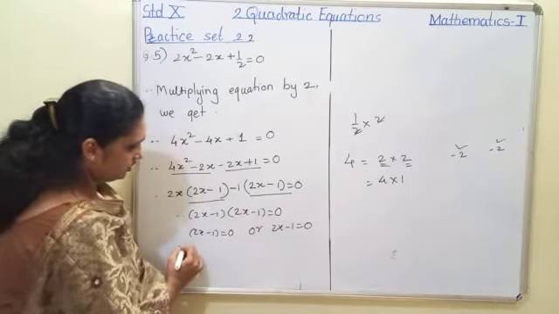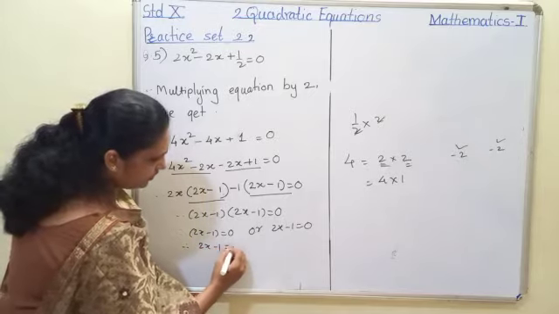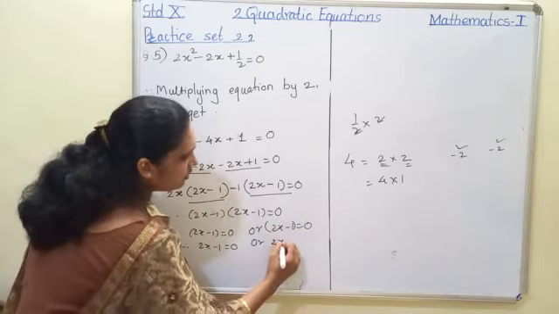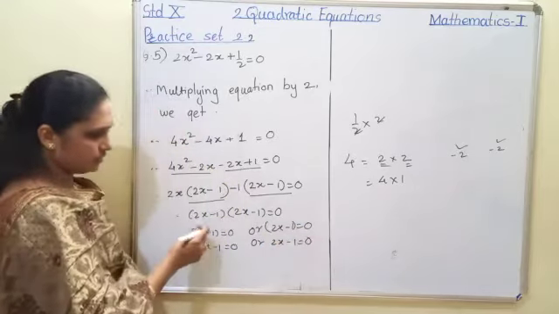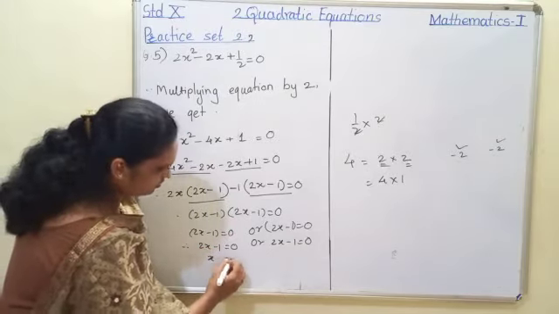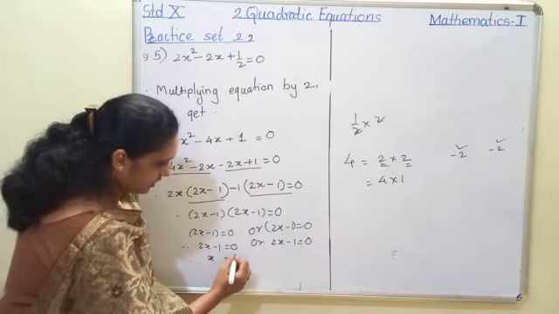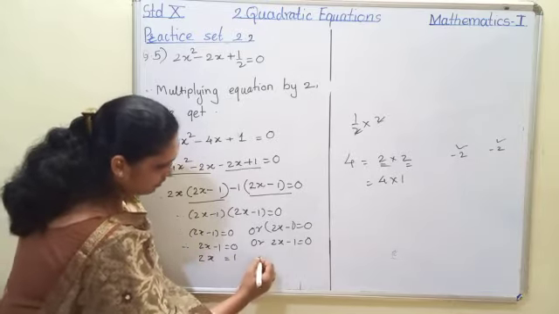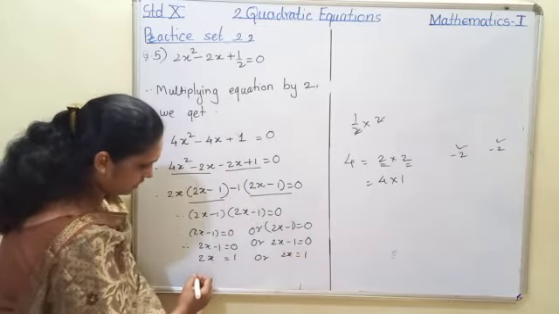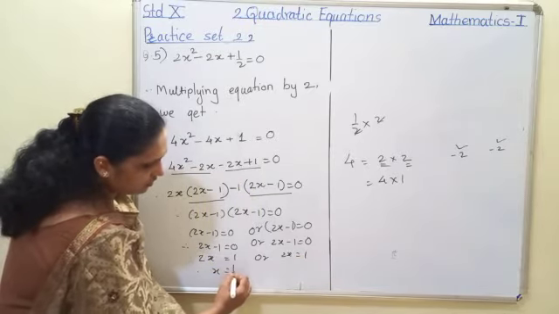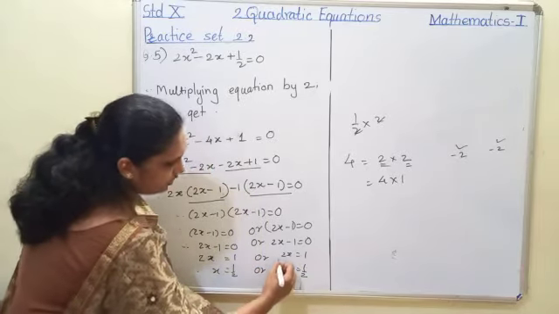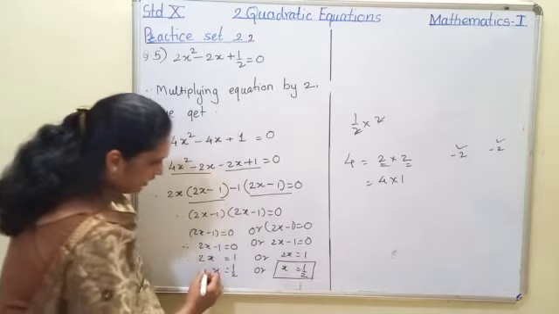Now I'll find the value of x. x is equal to minus 1 shifted to the other side, it is plus 1, and 2x is equal to plus 1. Now 2 shifted to the other side, it is x is equal to 1 by 2 or x is equal to 1 by 2, and always you have to highlight your answer.